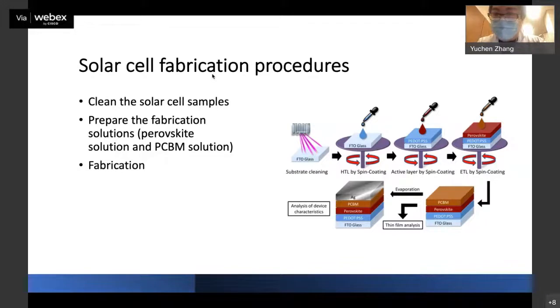You can see on the right a simple graph of what we do. Actually, our real fabrication is more complicated. We sometimes add more dopings and we add another Rhodamine layer after the PCBM layers. But basically every layer is by spin coating, and the final silver layer is by evaporation.